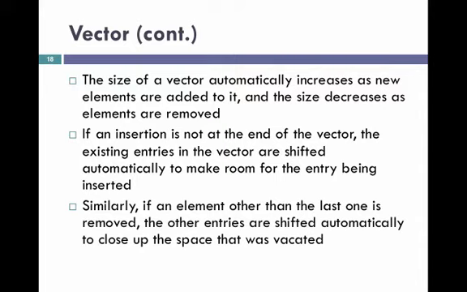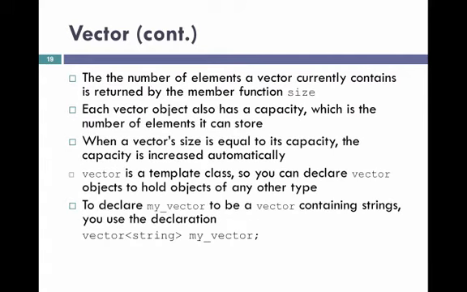Now, if an insertion is not at the end of the vector, existing entries are shifted automatically to make room. And if an element other than the last one is removed, then the other entries are shifted automatically to close up the space that was vacated. The number of elements a vector currently contains is returned by the member function size.